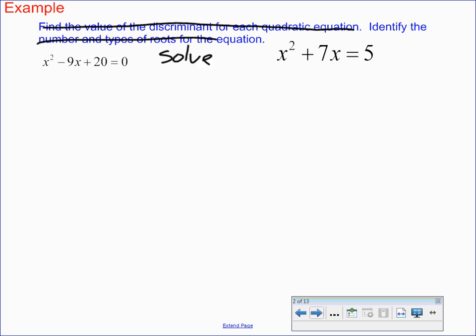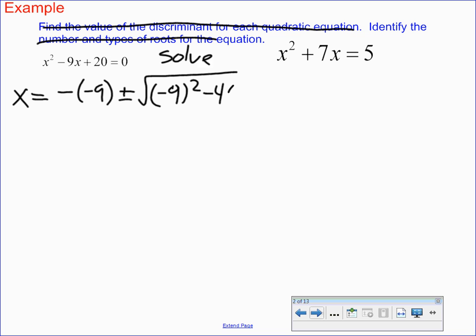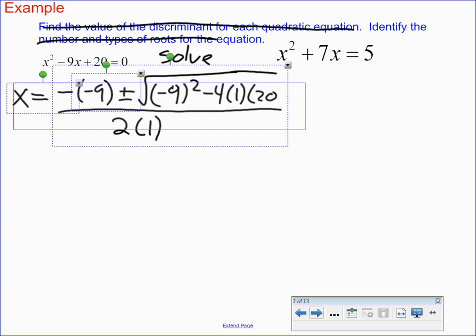For this first one, remember the quadratic formula is x equals negative b plus or minus the square root of b squared minus 4 times a times c, all over 2 times a. So that's our equation right there.